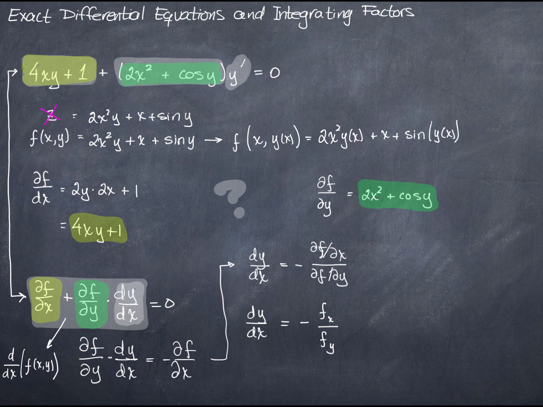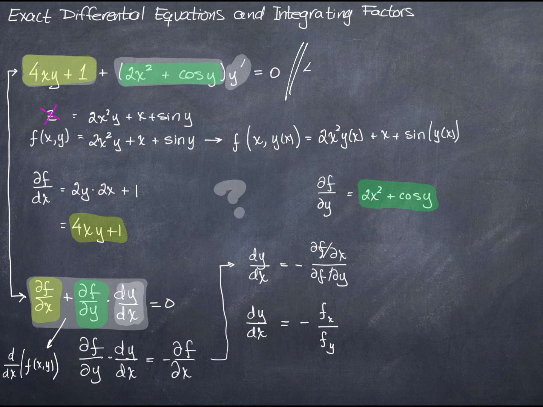All the pieces are in place here, but this is simply the derivative of the function f of x and y with respect to x, because of the chain rule, because y is also a function of x. So that means that I can rewrite this original function here, let's do it here.